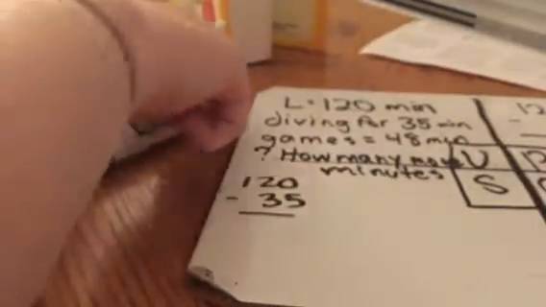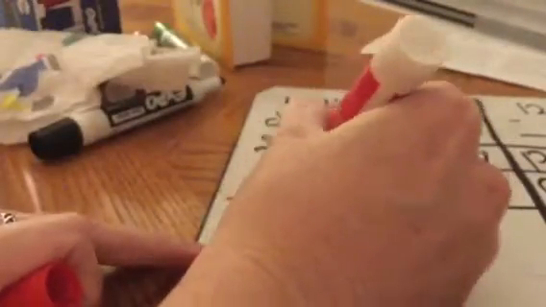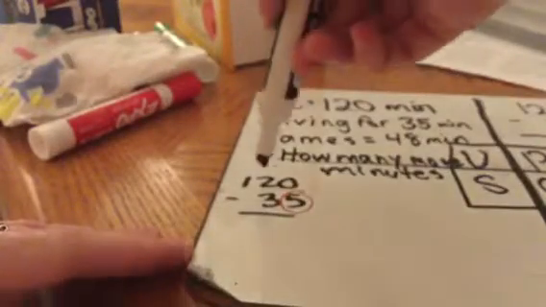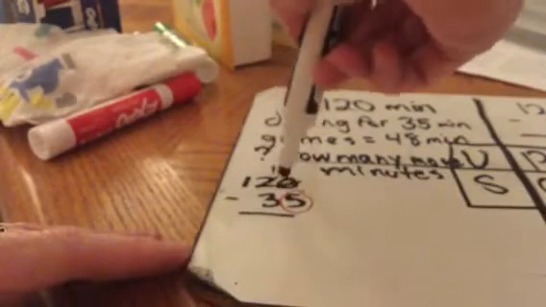I'm gonna start with 120 minus 35. Okay, bigger number is on the bottom, so I'm going to go next door to borrow 10 more. 10 minus 5 is 5.